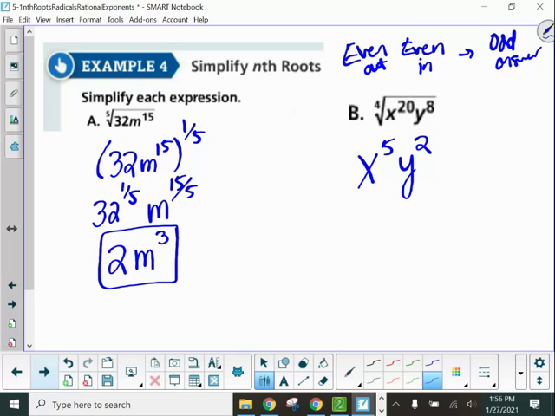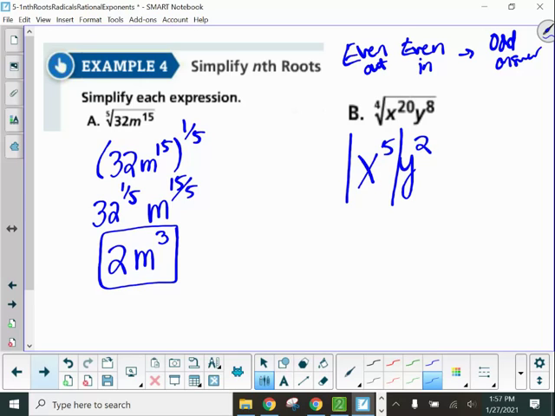And you guys know it's not possible in real numbers to take an even root and get a negative answer. So because the x has a 5 as an exponent, that would be the odd answer. We need absolute value around it. Y is good because its answer is already even.